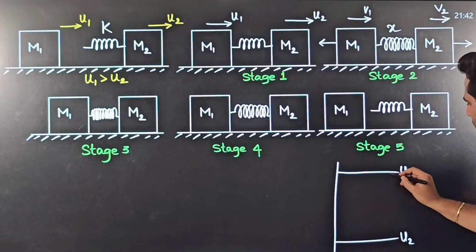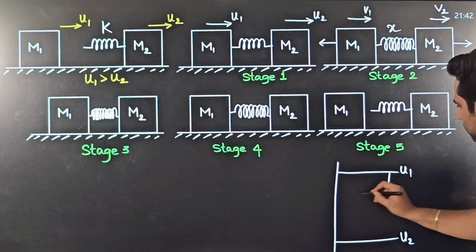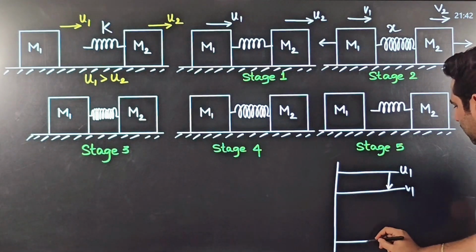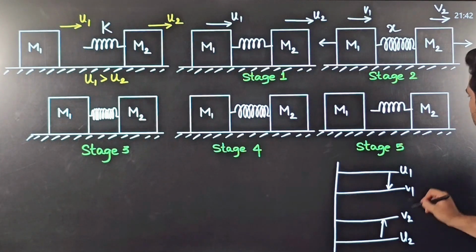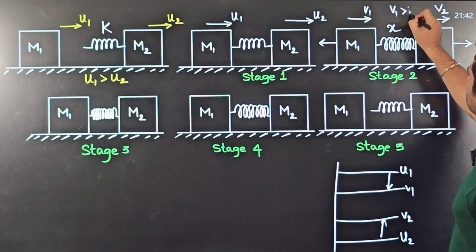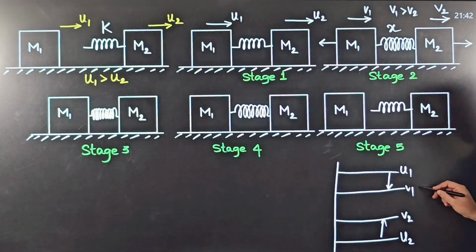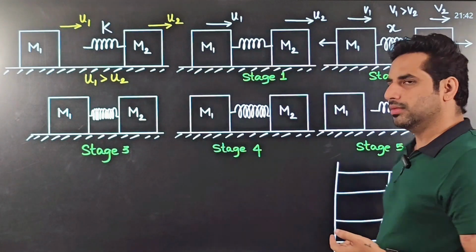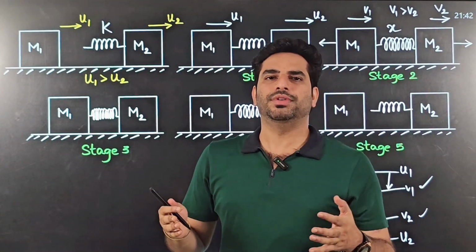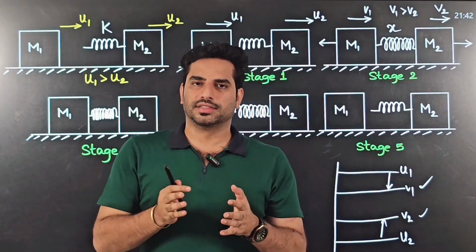On the number line, U1 has decreased to V1 and U2 has increased to V2, but still V1 is greater than V2. You can see on the number line, still V1 is above V2. As long as V1 is greater than V2, the distance of separation between the blocks decreases.